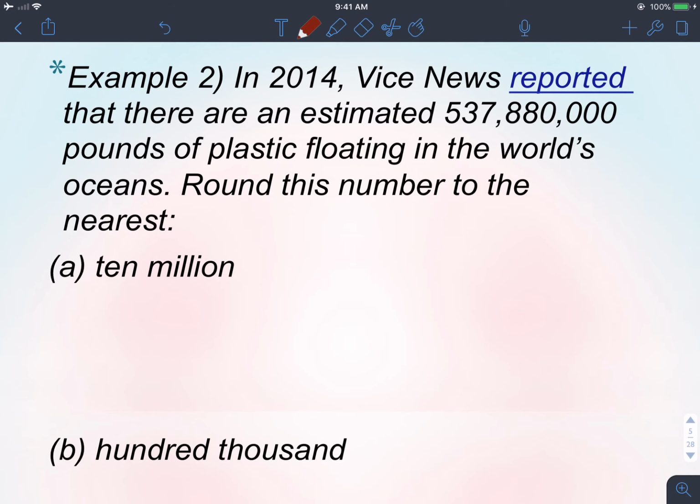Vice News in 2014 reported that there's an estimated 537,880,000 pounds of plastic floating in the world's oceans. Interesting statistic. Round this number to the nearest 10 million. So I've got 537,880,000.